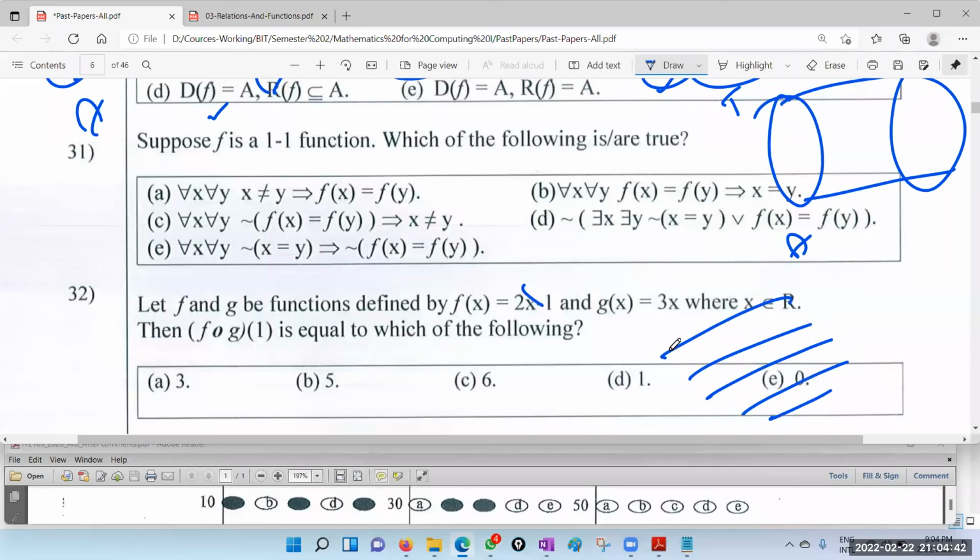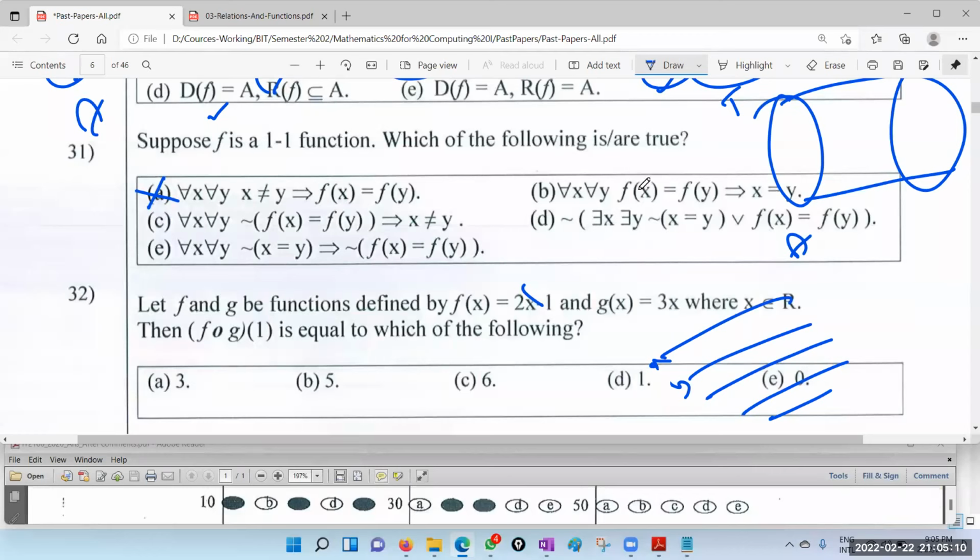When x and y are not equal, fx must be equal to fy means that those are many to one, right? What we need is one to one. So therefore this can't be. If it is one to one, when x and y are different, fx and fy must also be different. So therefore this is definitely wrong, because it is not defining one to one.